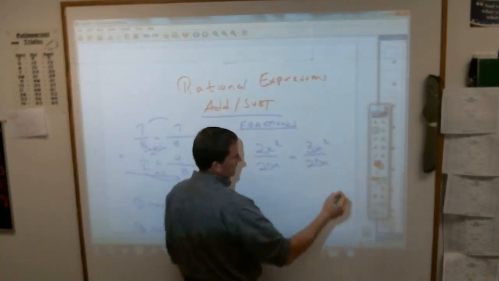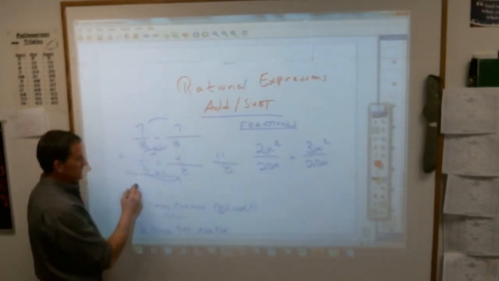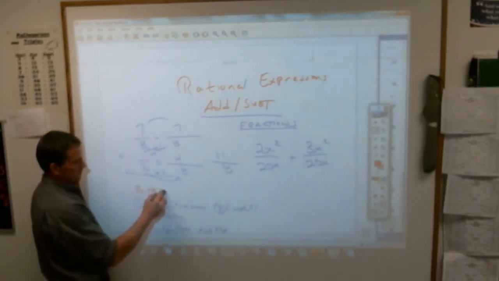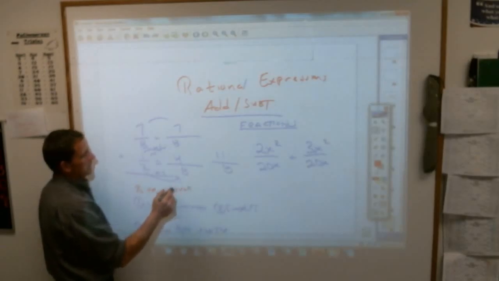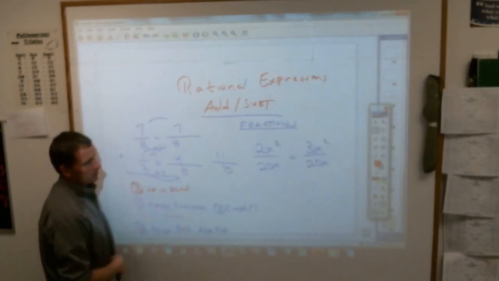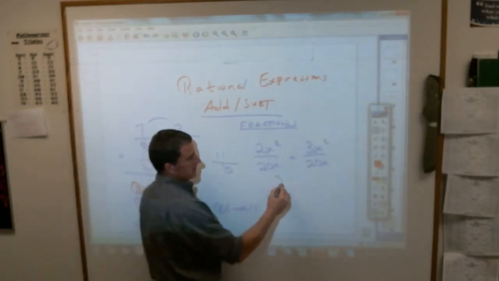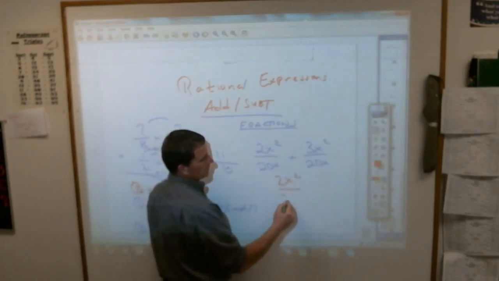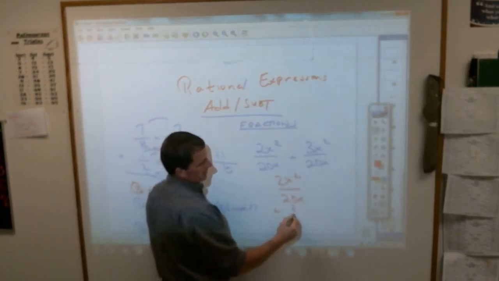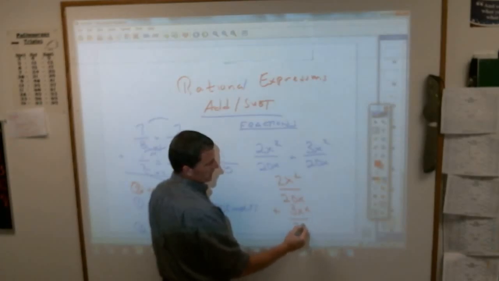And I guess I forgot step number 1/2. You still need to write these up and down. When you get out of my world, you can do it however you want, but in my world, you need to do that. So it's the same thing, 2x squared over 20x plus 3x squared over 20x.